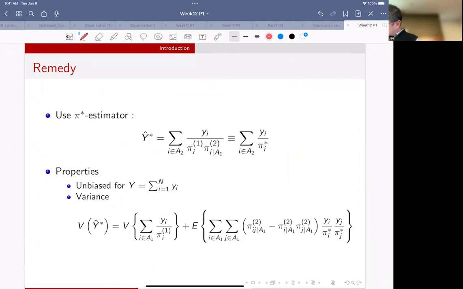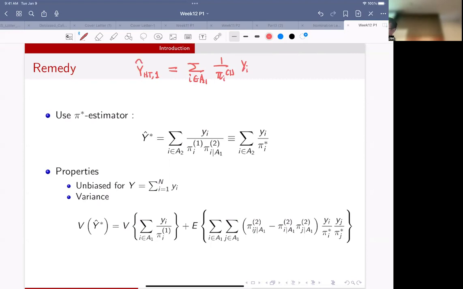Suppose we have the Horvitz-Thompson estimator on phase one. This is the Horvitz-Thompson estimator that I would use if I had observed the yi in A1.